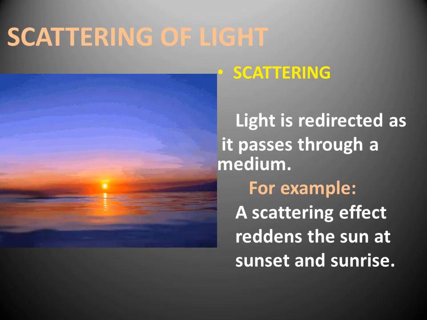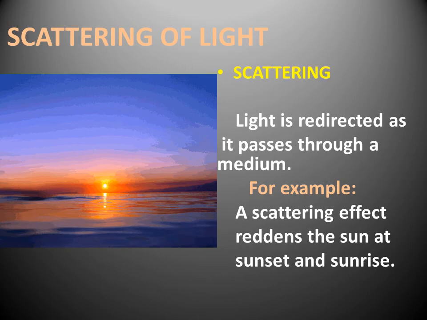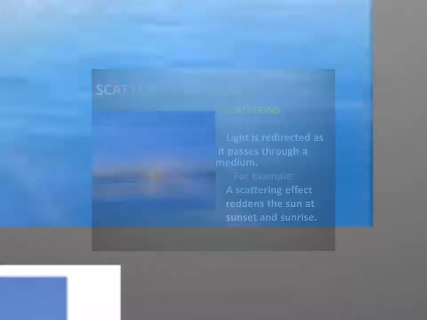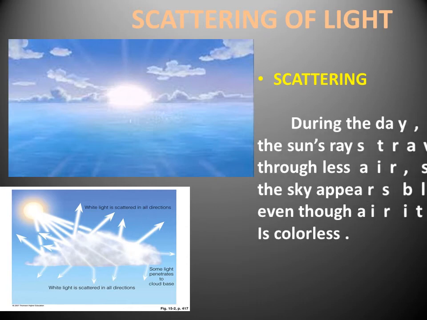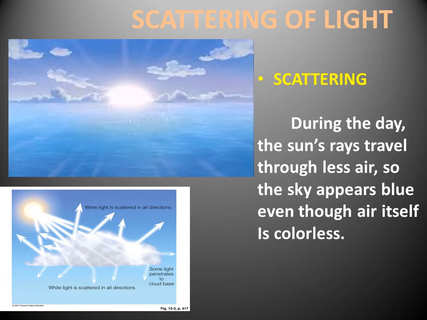By the time the sunlight reaches your eyes, most of the blue and even some of the green and yellow have been scattered. During the day, the sun's rays travel through less air, so the sky appears blue even though air itself is colorless.